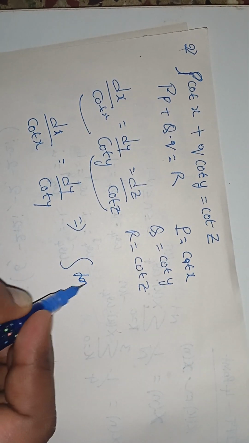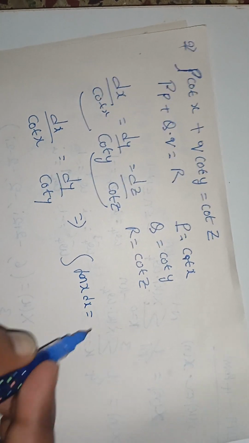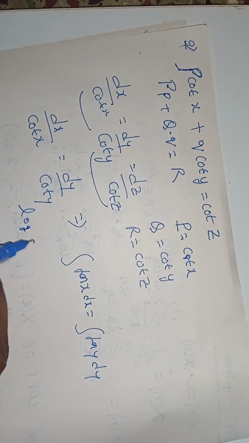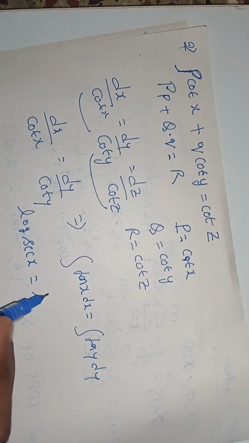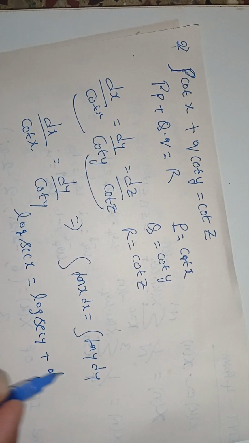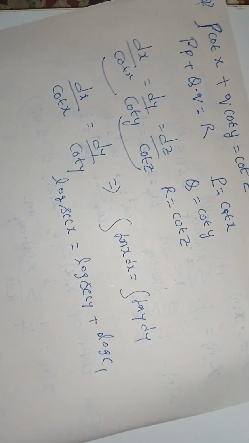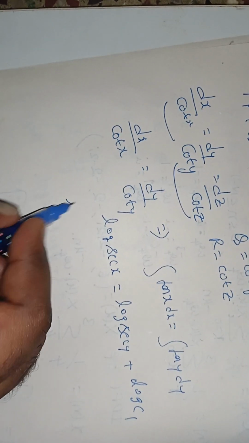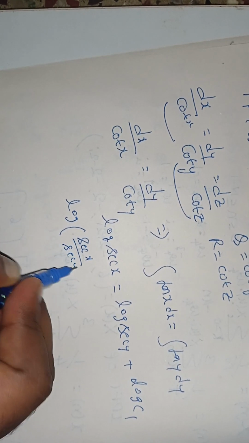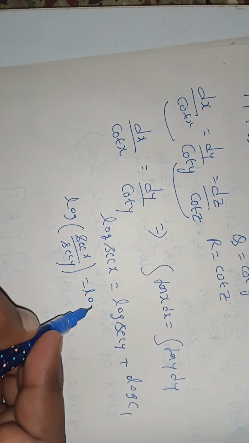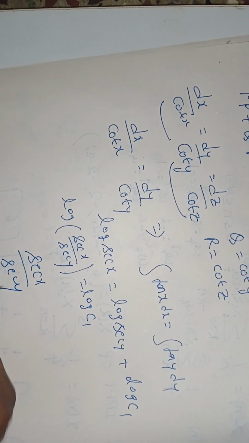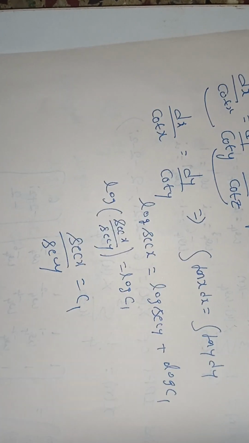It is integration of tan x dx equal to integration of tan y dy, which gives you logarithm of secant x is equal to logarithm of secant y plus log c1. Again, by previous problem, I can write this as logarithm of secant x by secant y is equal to log c1. So secant x by secant y equal to c1.